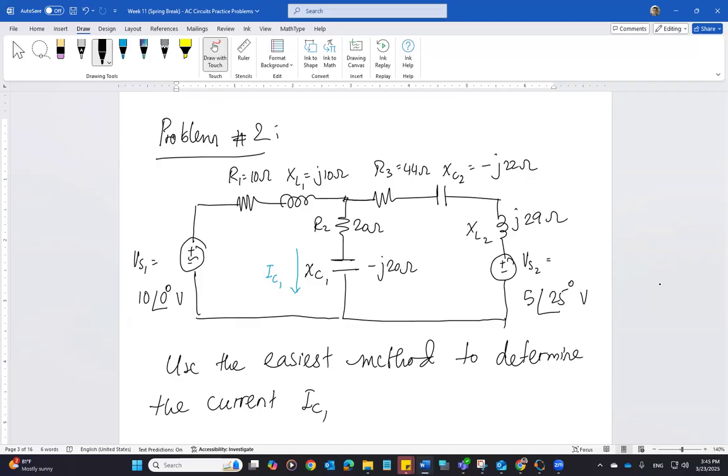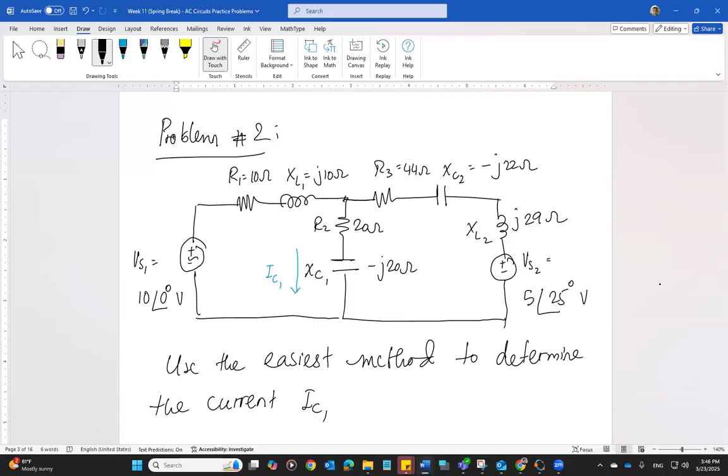Inductor and capacitor values will be given to you, and the sources will be given either in the time domain so that you know the value of omega for each source, or if they are given in the phasor form, then omega 1 and omega 2, or f1 and f2, will be given to you. But L and C values will be given to you, not XL and XC, because again, XL and XC depend on the frequency. So for each source, it's going to produce a different reactance if the frequency of each source is different.